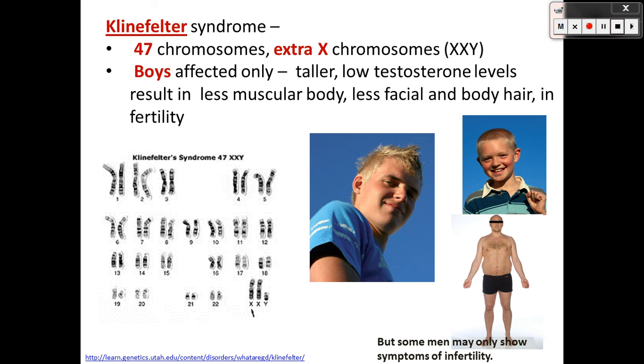The bad thing is that they have very, very small testicles, and to go with that, very low testosterone levels. As a result, they have less muscle tone, so they don't really get a very muscular body. It's more feminine in a sense, not as muscular but more lean. They really have a very hard time growing facial hair and body hair in general.